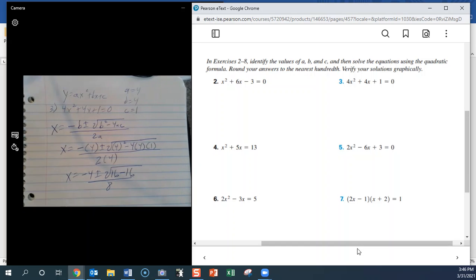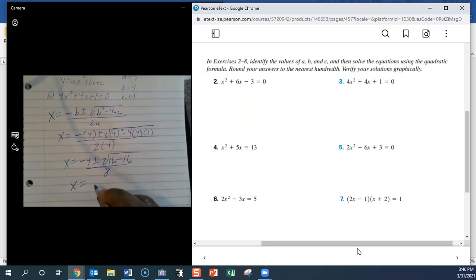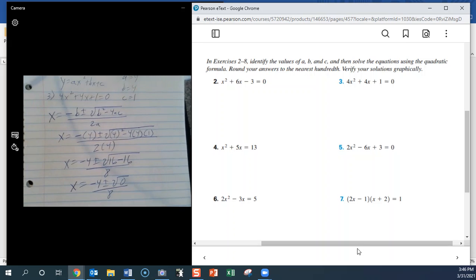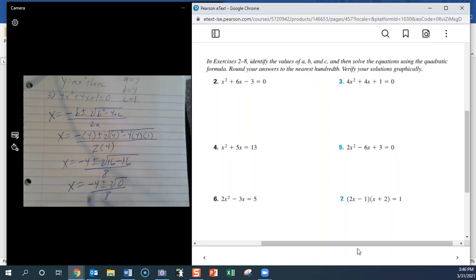Now this will give us x is equal to negative 4 plus or minus the square root of 0, all over 8. Now, we know the square root of 0 is 0, so it'd be plus or minus 0 all over 8.